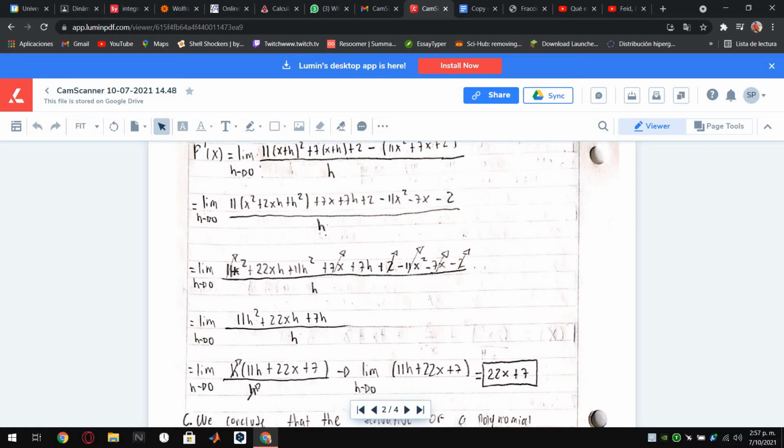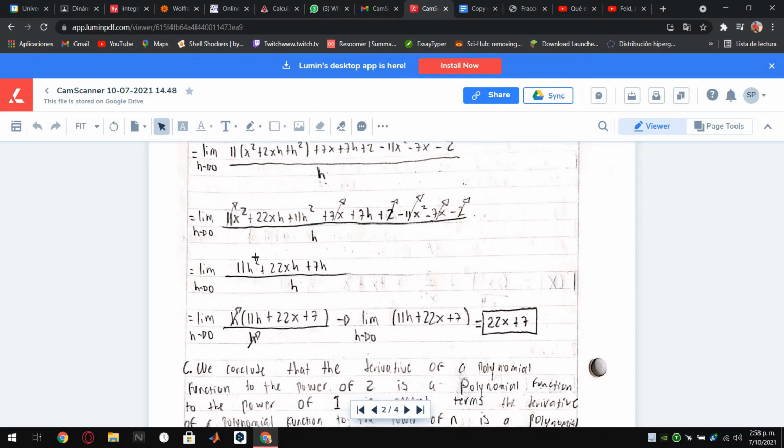So it would be 11x squared plus 22xh plus 11h squared. And then you put like terms together. You see that 11x squared cancels with this 11x squared here. The 7x cancels with this 7x. That 2 cancels with this 2. And then you are left over with this expression.